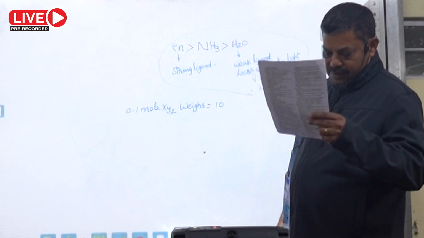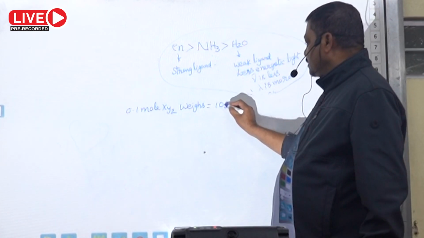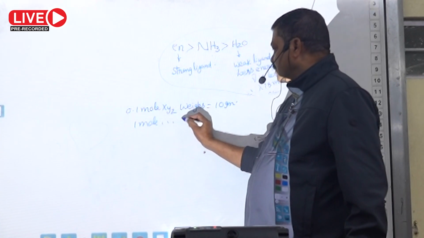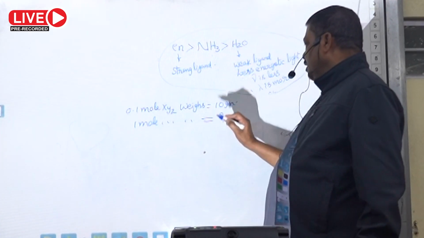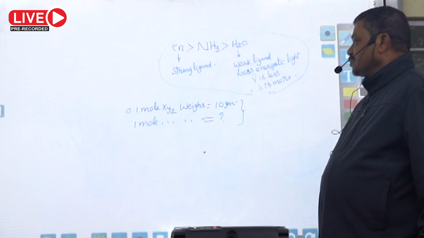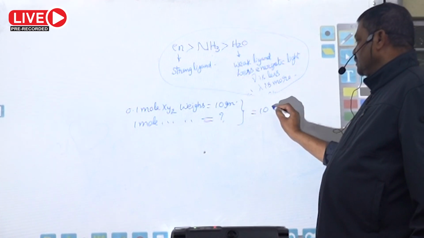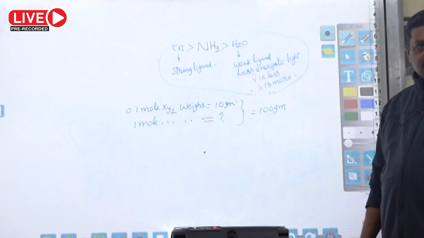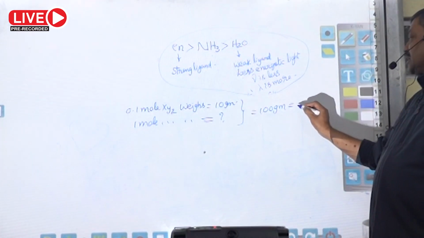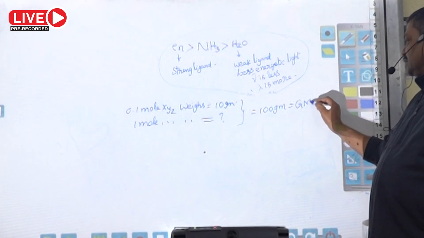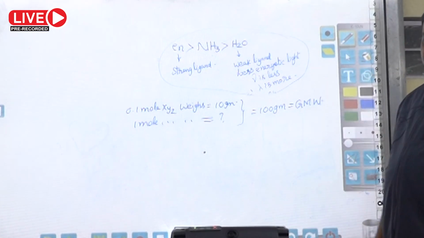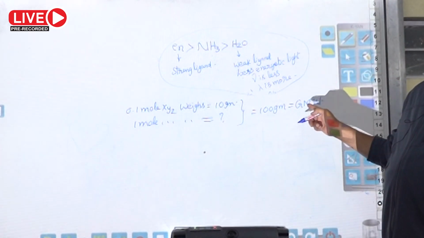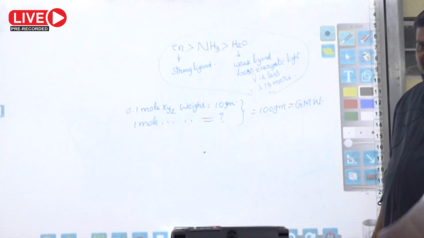Is it 10 grams? Yes. Then 1 mole weighs how much? That equals 100 grams. Correct? 1 mole weight is nothing but gram molecular weight. 1 mole weight in grams is always the gram molecular weight.